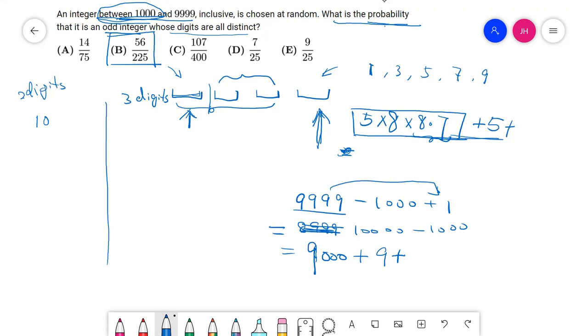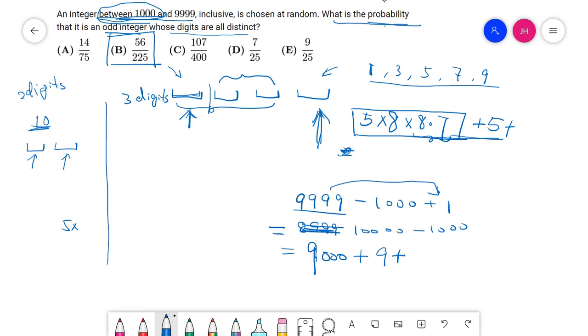Okay, for 2 digits, first, the 1st digit got to be an odd number. So it got to be 1, 3, 5, 7, 9. So we have 5 choices. And how about this one? This one can take a 0, because it's a 2-digit number, like 10.